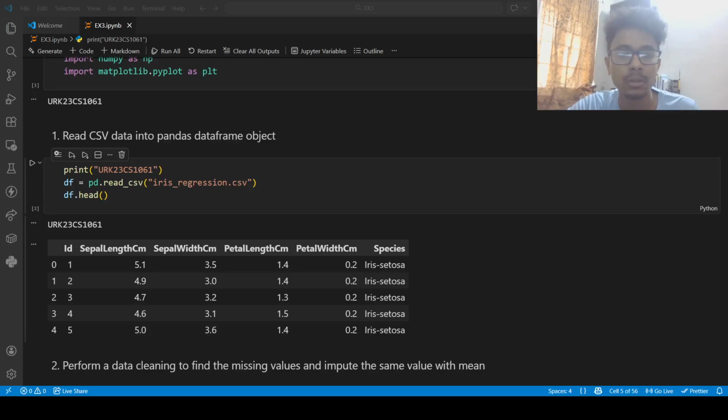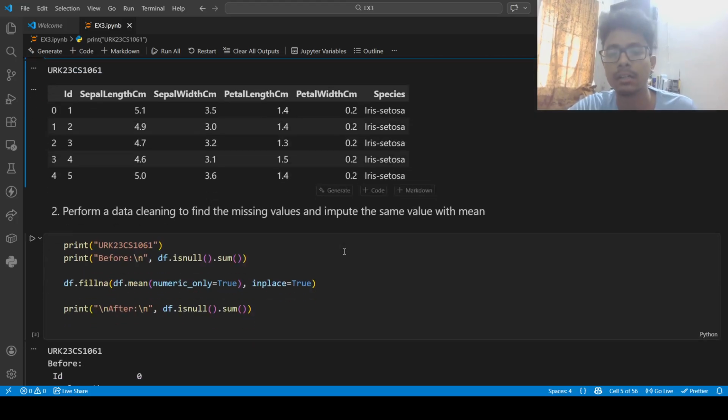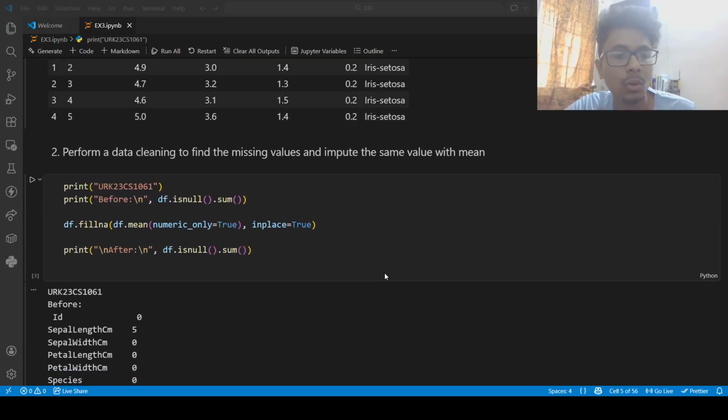Moving to question number 2, we are performing data cleaning, which is to find the missing values and impute them with the mean. Here we are using the function df.isnull().sum(). With this, we will be able to find the missing values and clean the data. The inference we can get here is that some values are missing.